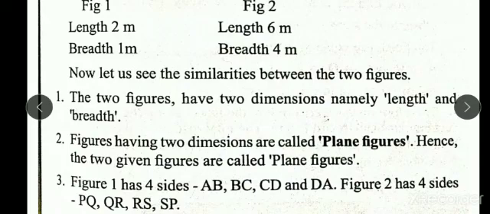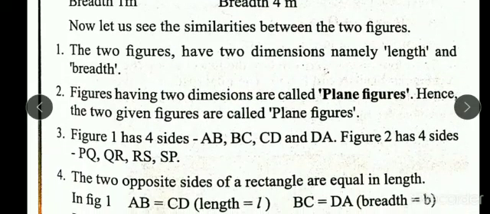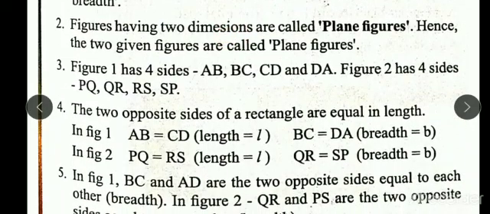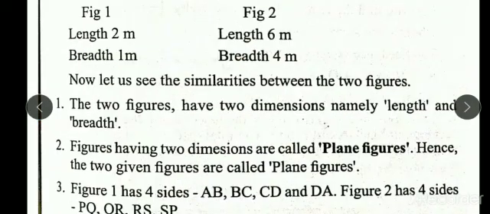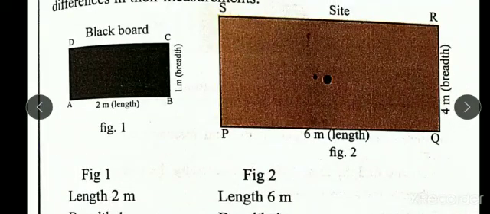Figure 1 has 4 sides, that is AB, BC, CD and DA. And figure 2 has 4 sides, that is PQ, QR, RS and SP. The two opposite sides of a rectangle are equal in length. In the first figure, the length is 2 meter and breadth is 1 meter. So length is AB, and the opposite side of AB is DC. So DC and AB are same, that is 2 meter.